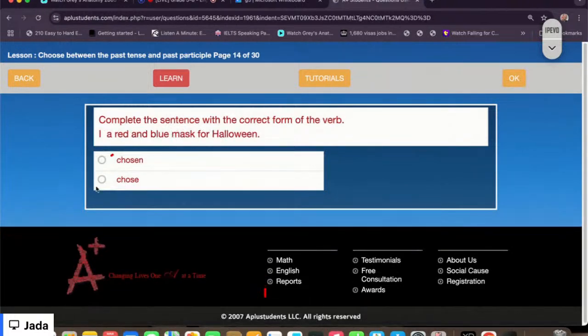Given. I dash a red and blue mask for Halloween. I chose or I chosen. That's the right one here.